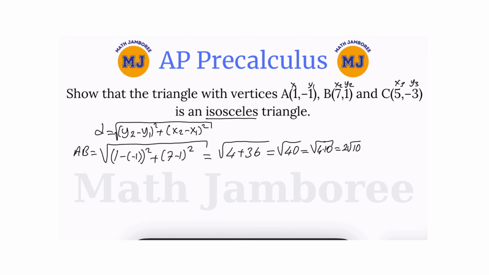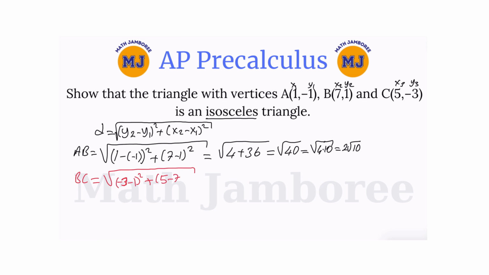Let's do another length, BC, in red, and substitute the values in. For BC, the C comes after, so I'm going to use this one as y2 now. Negative 3 minus 1 squared plus 5 minus 7 squared. If you do the calculations, negative 4 squared is 16, plus 2 squared is 4, which equals the square root of 20.